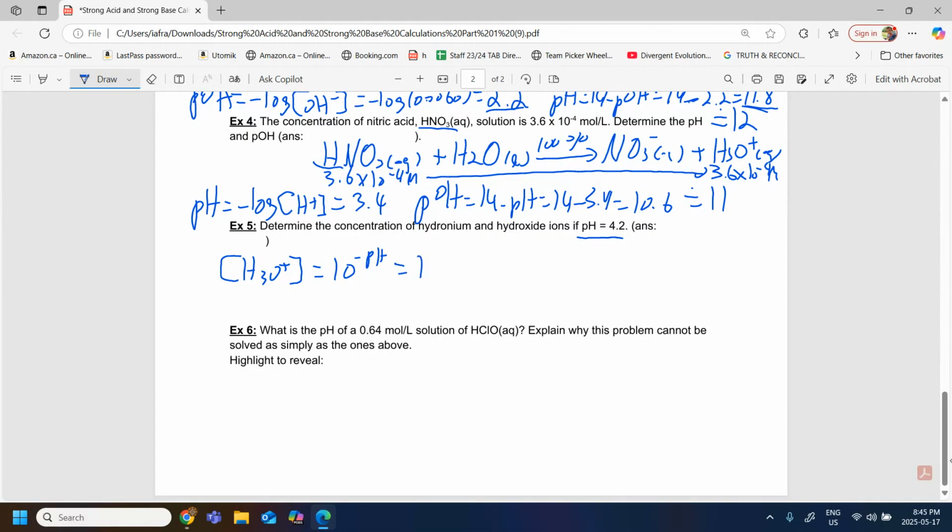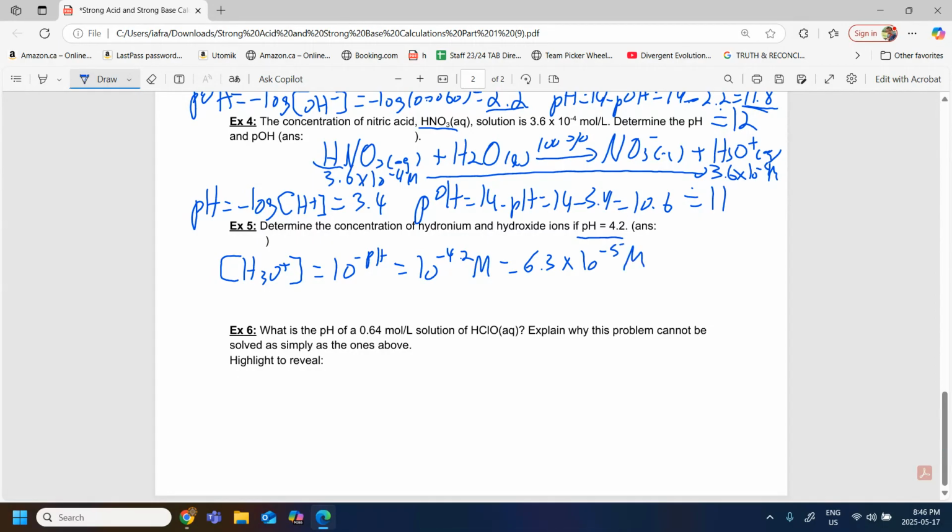So that would be equal to 10 to the negative 4.2 molar. If you evaluate that in your calculator, you'll get about 6.3 times 10 to the power of negative 5 molar.